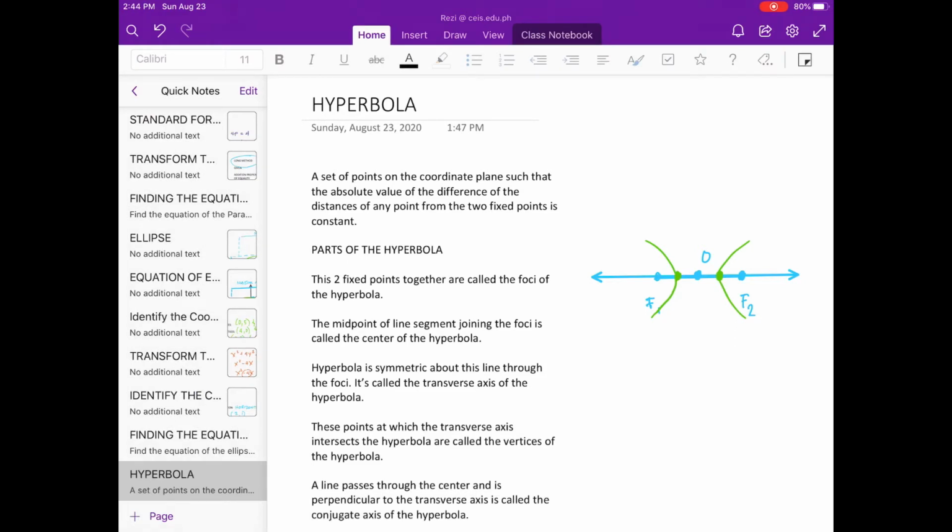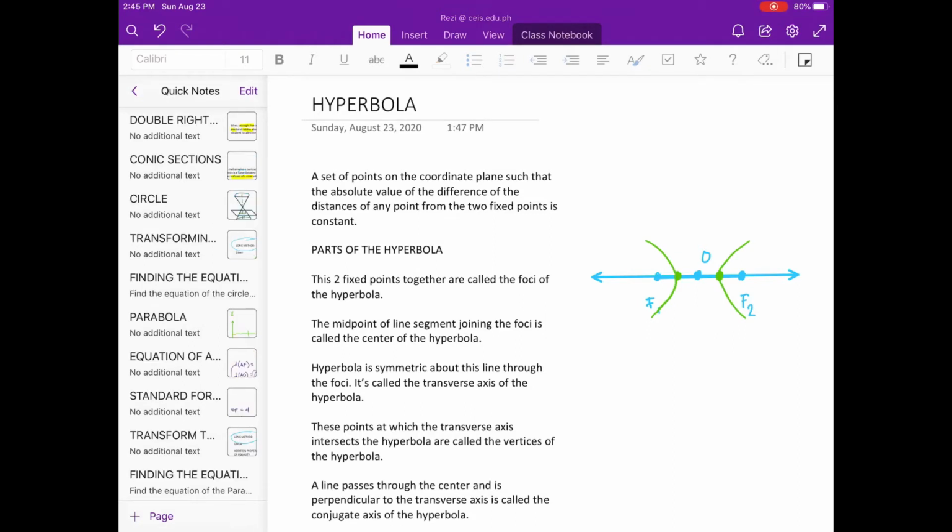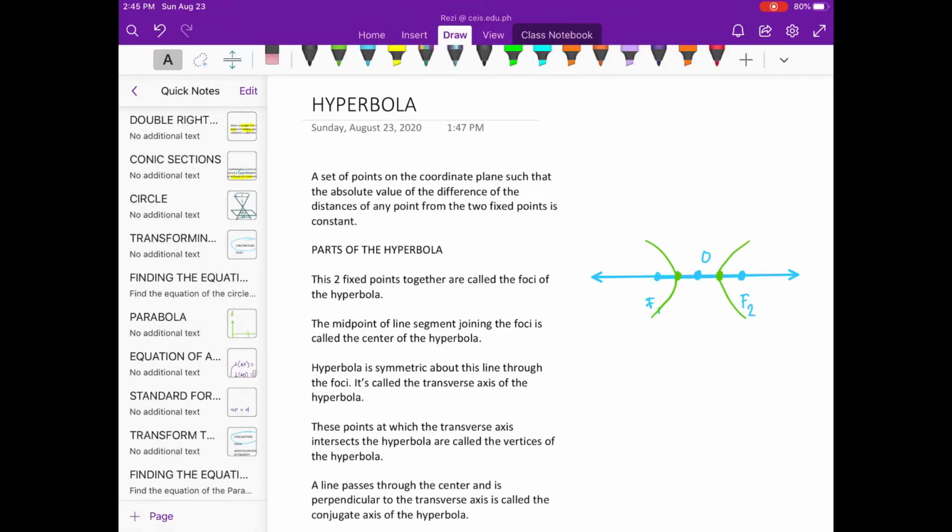A line that passes through the center and is perpendicular to the transverse axis is called the conjugate axis of the hyperbola. So let's draw. This should be perpendicular, forming 90 degrees to the transverse axis.